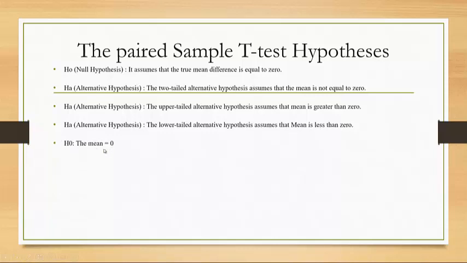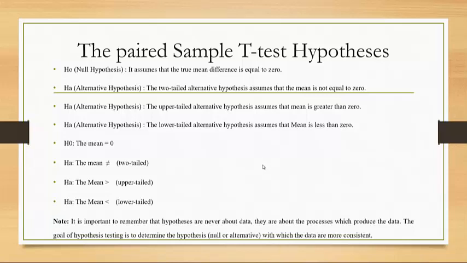So now you can see practically that the null hypothesis is that the mean between two paired samples is equal to 0. So the alternative would be the mean is not equal to 0. Therefore we will get a two-tailed paired sample t-test. And if we have a mean greater than 0, we will check a one-sided t-test. And if it is less than 0, we will check the lower-tailed t-test.